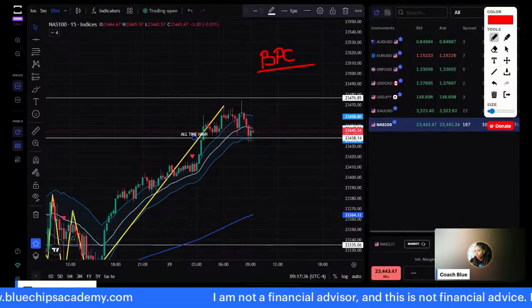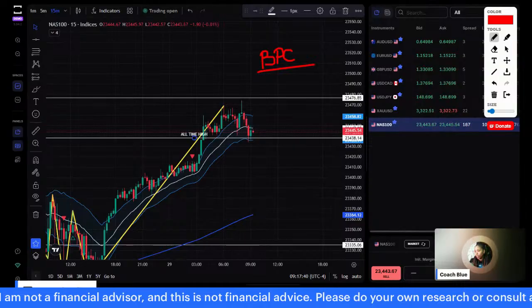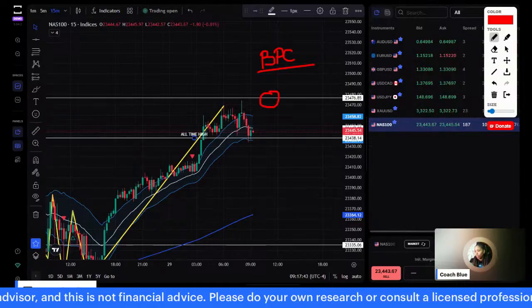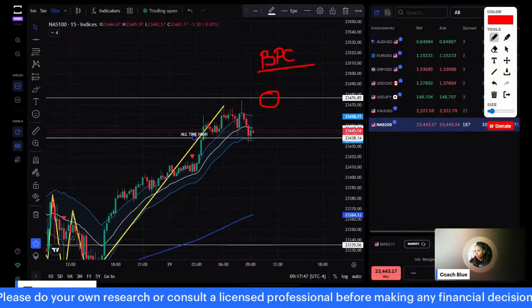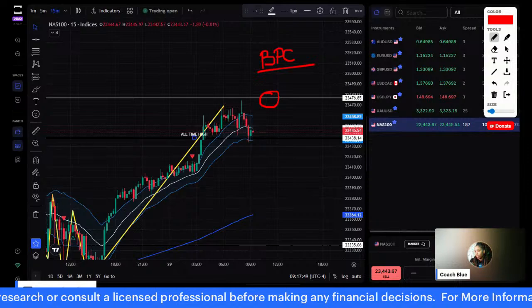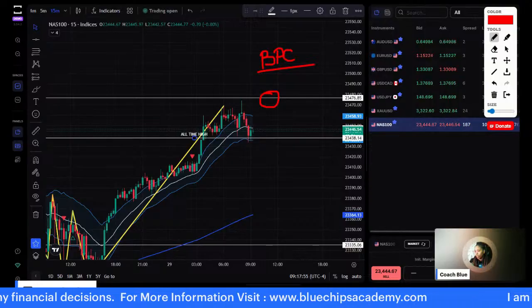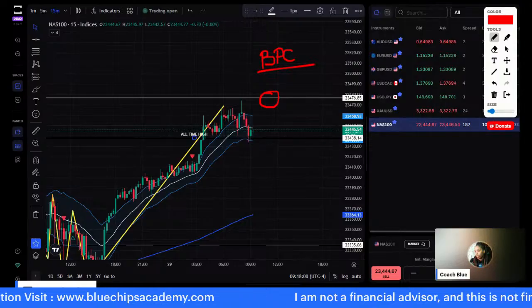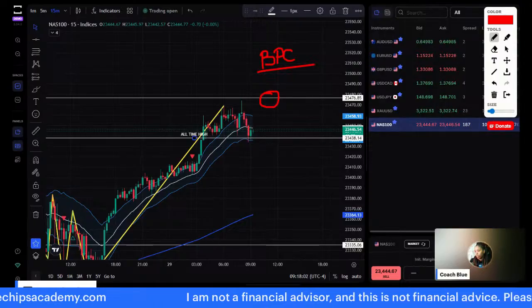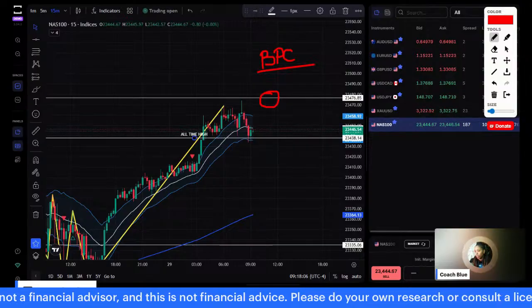So here we have our BPC, and we're looking for an entry for the BPC here at this $23,476 level. Okay. So we're looking for our breakout, pullback, continuation at this $23,476 level.